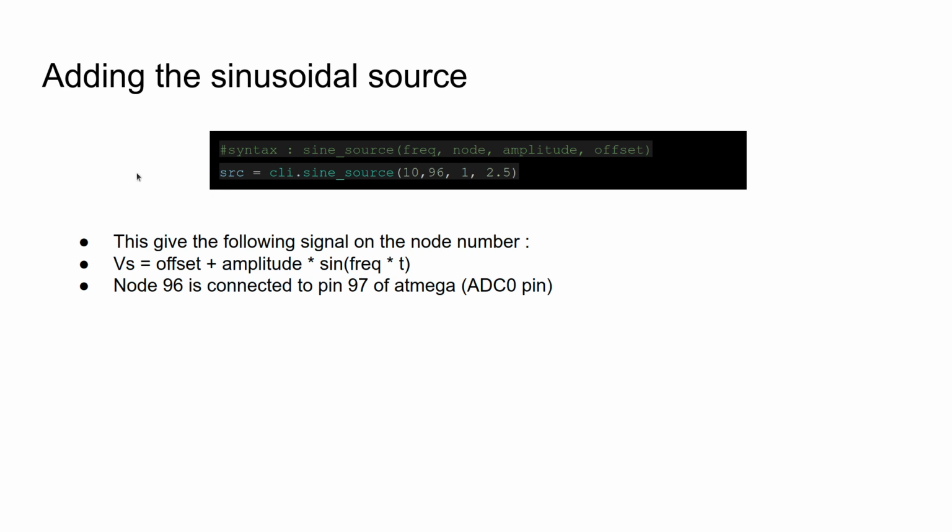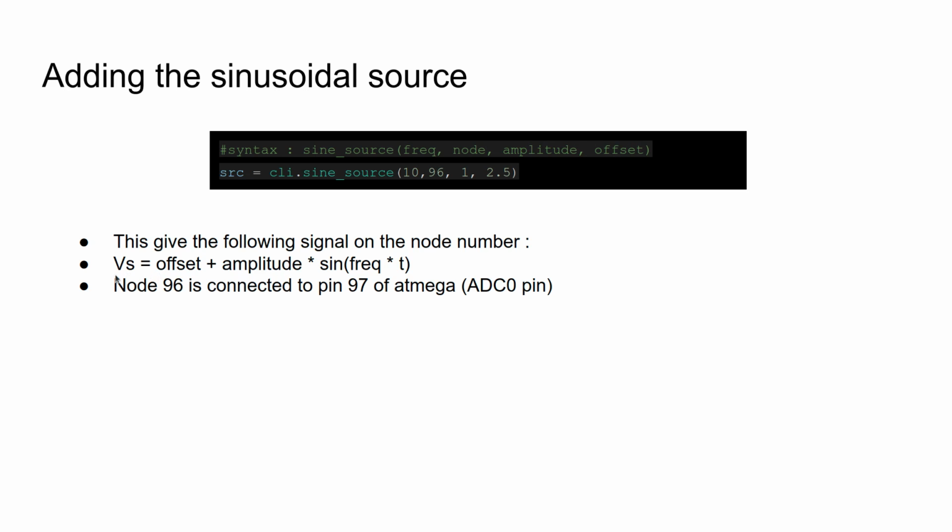Okay, and this is how you can apply a sinusoidal force in tessim. SRC is the source object, the sine source, this is the syntax. So frequency, this is actually the radial frequency, not the hertz frequency, it's in radians per second. We can apply that frequency, define the node to which that signal is applied, the amplitude of the signal, and if there is a DC offset.